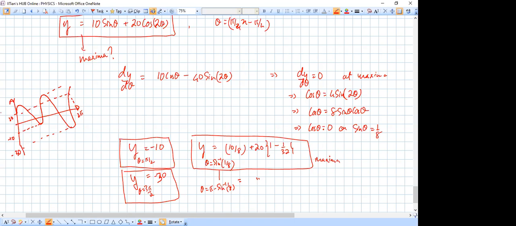So that is your y versus theta. And remember that theta is actually pi by 4x minus pi by 4.